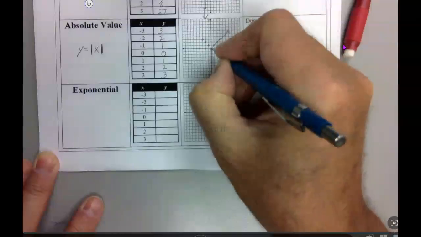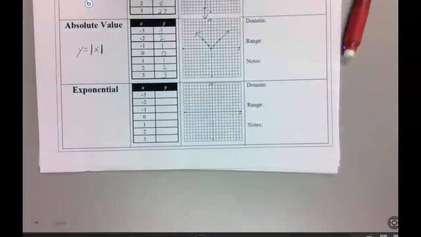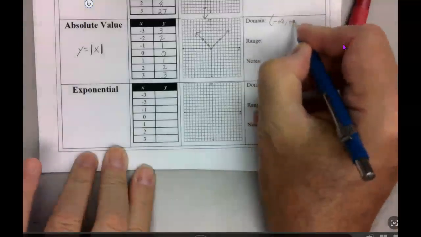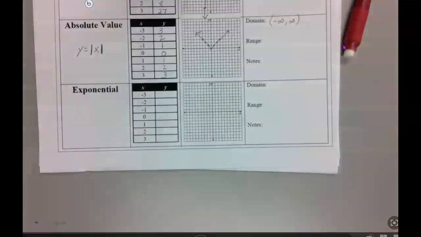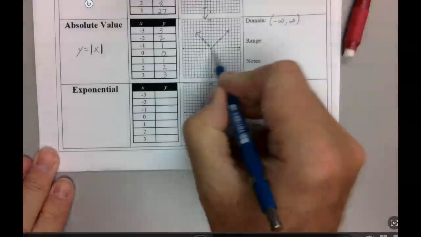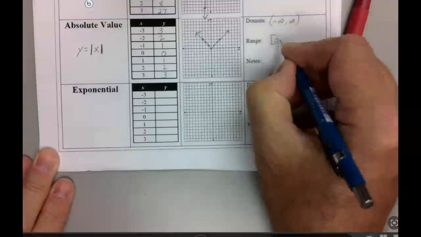Agreed? Like that. Again, the domain for these functions are always all real numbers. Okay? Range, floor. What's the floor? 0, included, because there's a point on it.